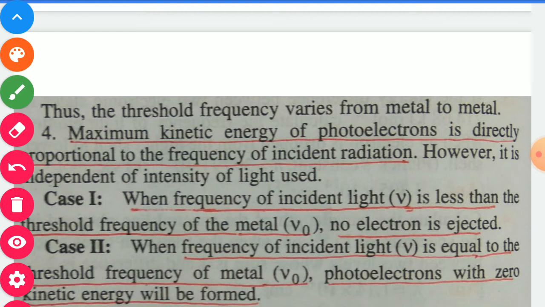Second case, when the frequency of incident light is equal to the threshold frequency of the metal, a photoelectron with zero kinetic energy will be formed.